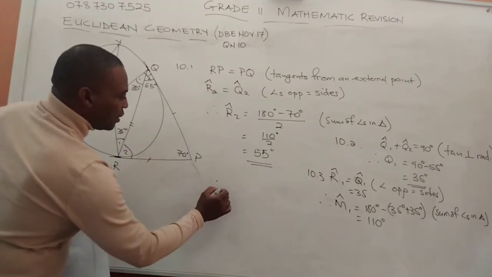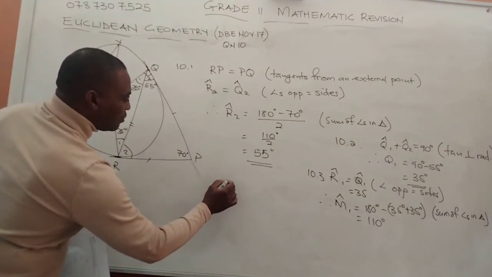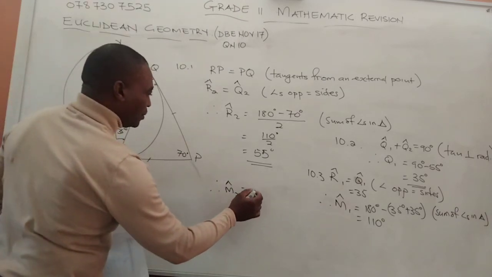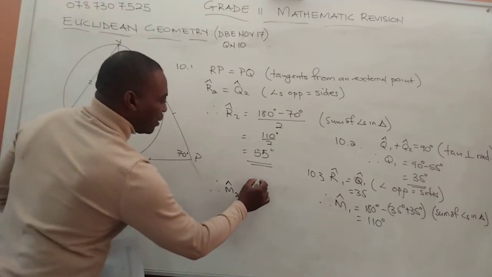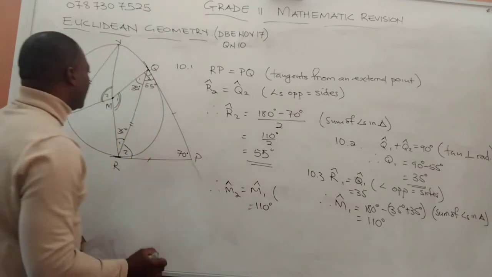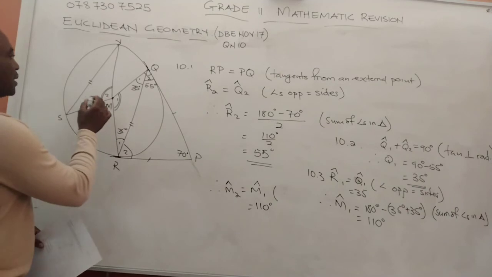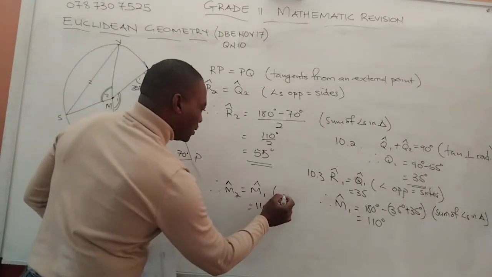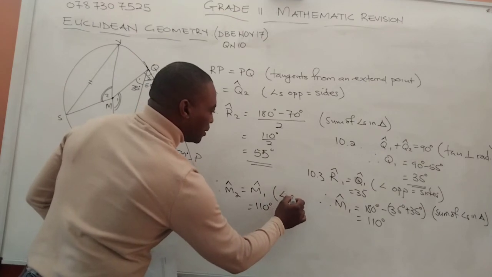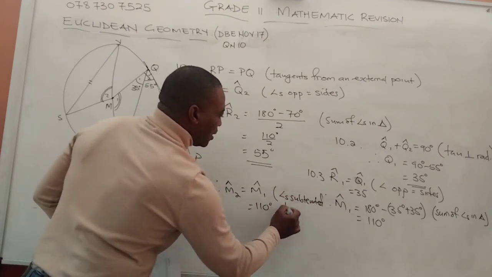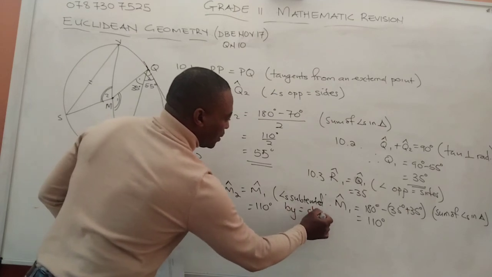Therefore, angle M2 will be equal to angle M1, which is 110 degrees. The reason there: these are angles subtended by equal chords.